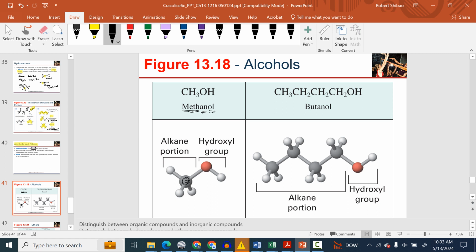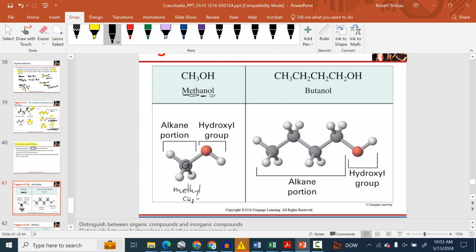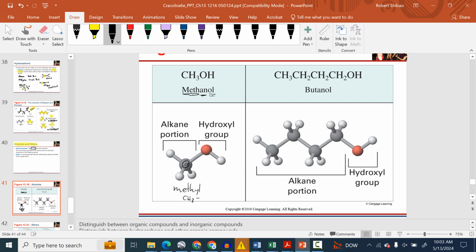So methanol looks like this. The other name for this is methyl alcohol, because remember the CH3 group is methyl. CH3 is not quite complete because carbon likes to form 4 bonds. And then we have the alcohol here, so we call this methyl alcohol.